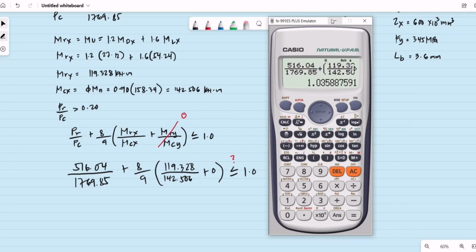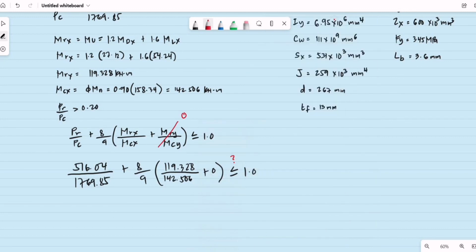So this is 1.036, and this is obviously greater than 1.0.